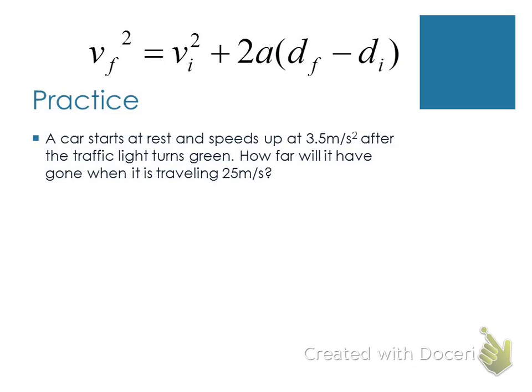All right. A car starts at rest and speeds up at 3.5 meters per second squared after the traffic light turns green. How far will it have gone when it is traveling 25 meters per second?